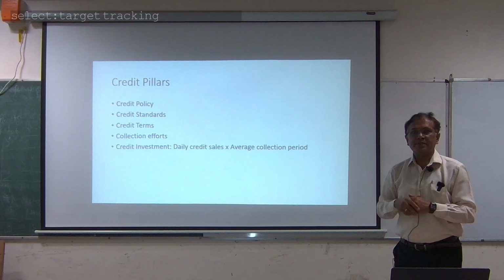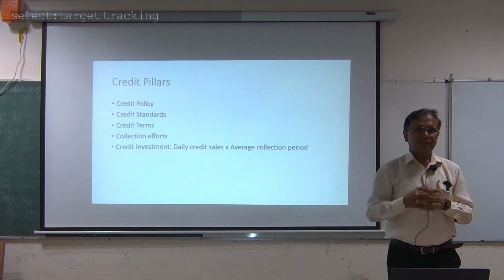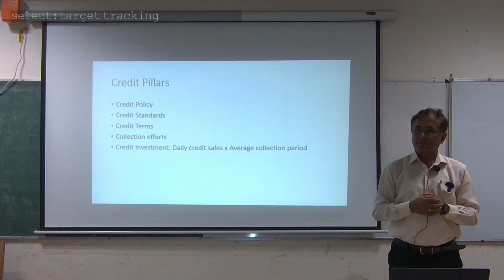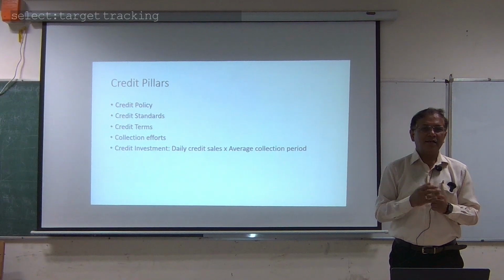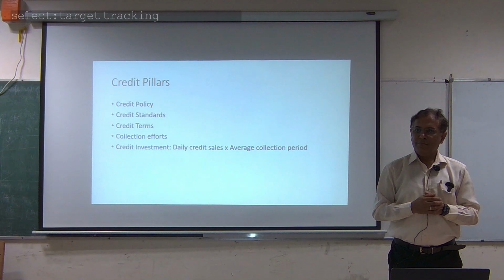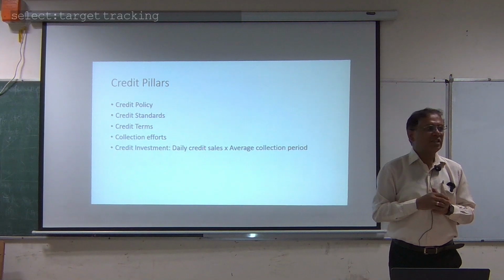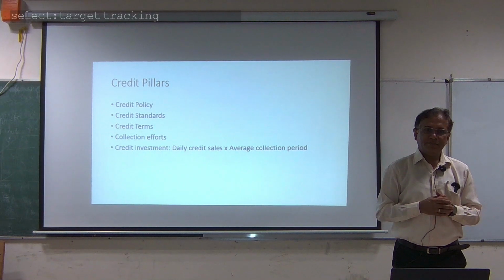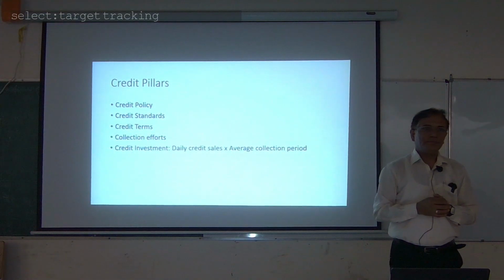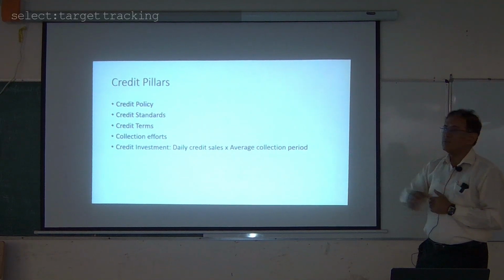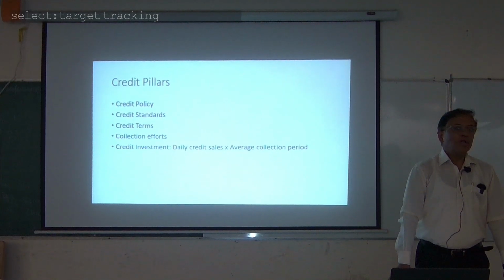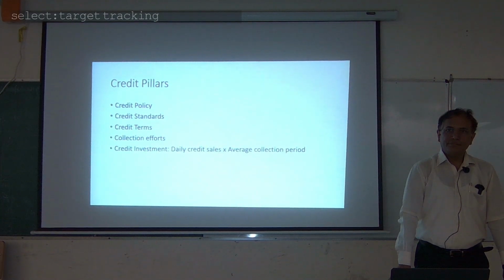Second one is standards. What are the credit standards? Policy is there, extend credit. Then whom to extend credit, how much credit should get extended. These are certain standards which have to be fixed. It has to be decided. Next to it is going to be terms. When you are extending credit, what is your expectation of when you are going to receive the amount?